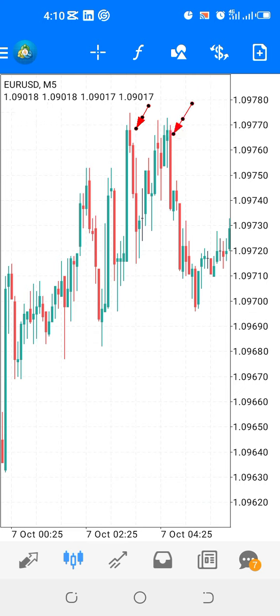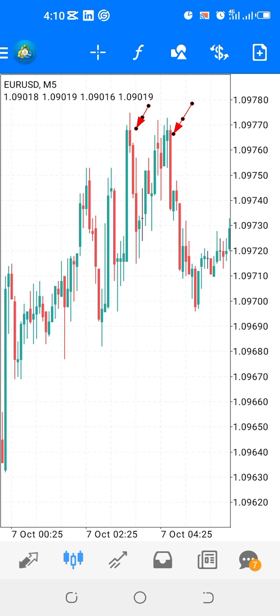So the issue is this: double tops and double bottoms have what we call an M-like shape. The tops are peaks which are formed when price hits a certain level that can't be broken after testing twice.